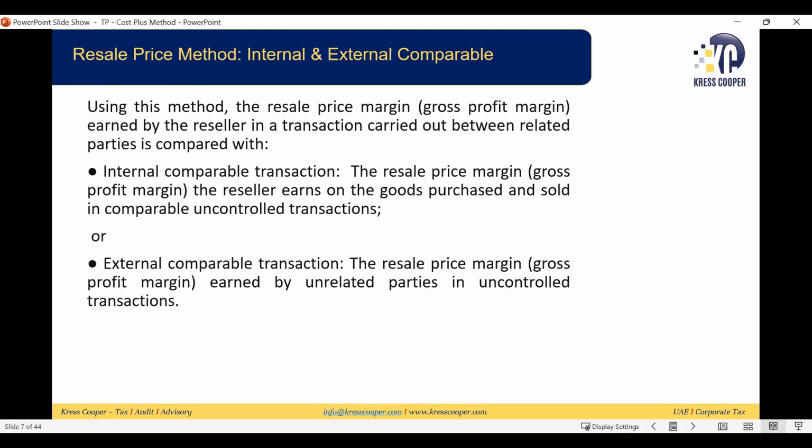To get this resale price margin, we have to compare the margin which is earned by the reseller in the transaction carried out between the related parties, with either an internal comparable transaction, which would be if there is another supplier the reseller buys from, and the reseller earns a margin on the goods purchased through this comparable uncontrolled transaction, or an external comparable transaction, which is the resale margin earned between unrelated parties, could be a third party retailer and a third party supplier.